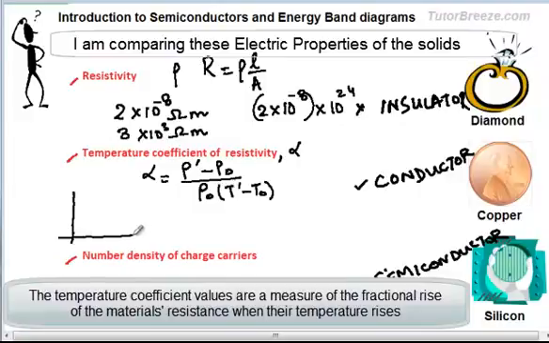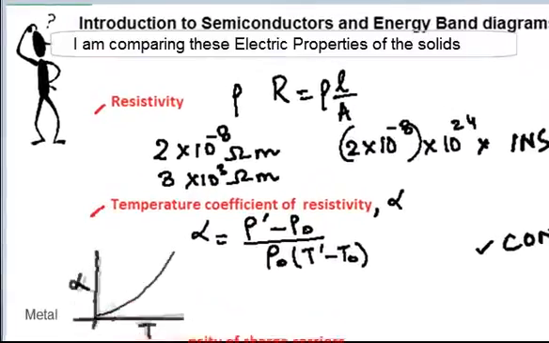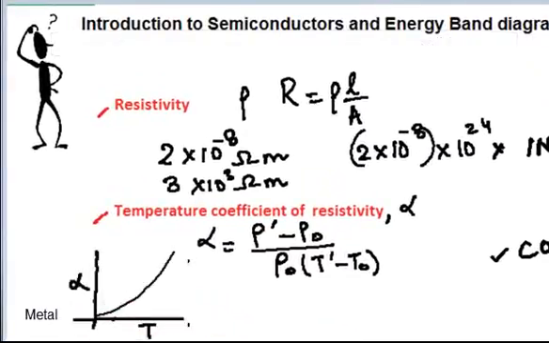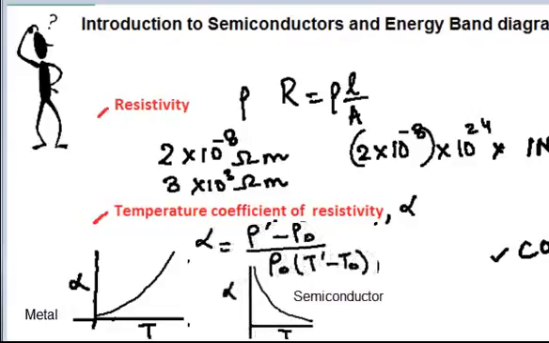In case of metals, the temperature coefficient of resistivity is positive, so resistivity increases with the rise in temperature, whereas in case of semiconductors, the temperature coefficient of resistivity is negative. It actually decreases with the increase in temperature, which means that at higher temperatures, semiconductors conduct electricity more easily as compared to lower temperatures.